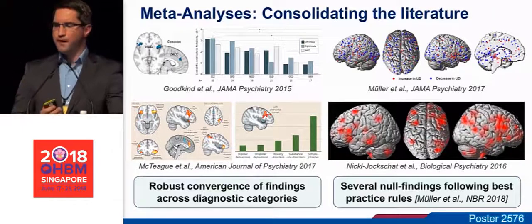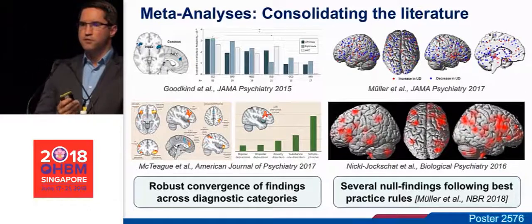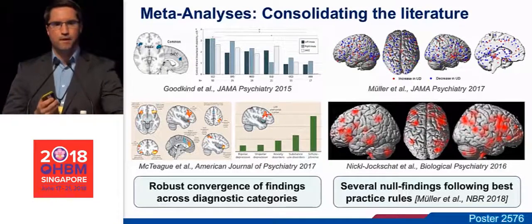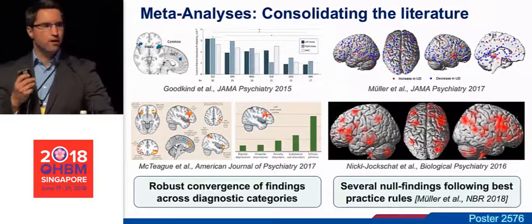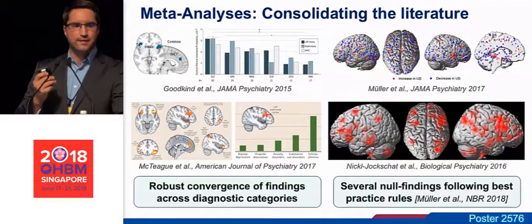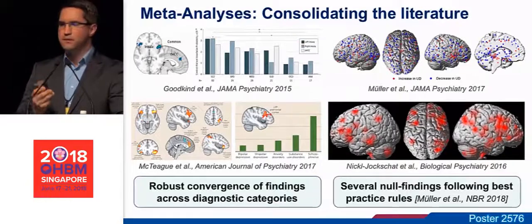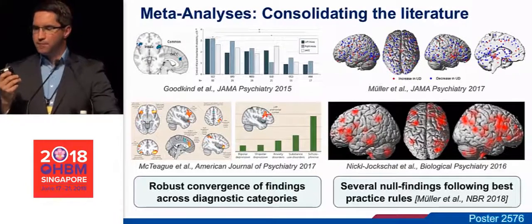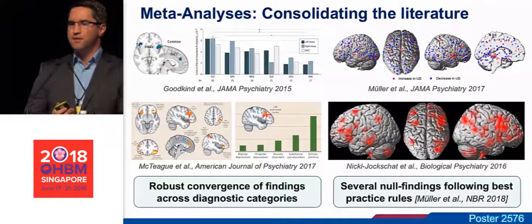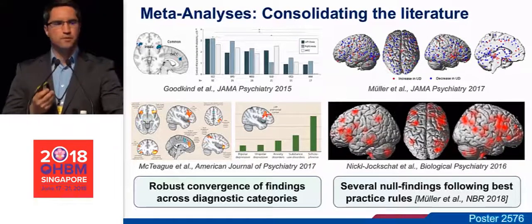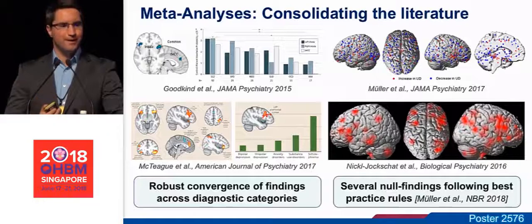On the top right, you see the convergent neural substrate of depression in fMRI studies. And now if it looks odd, well, there is nothing. So if you look across more than 100 task-based fMRI studies in depression, no convergence. The lower is the convergent neural substrate of the COMT gene influence on working memory activations.